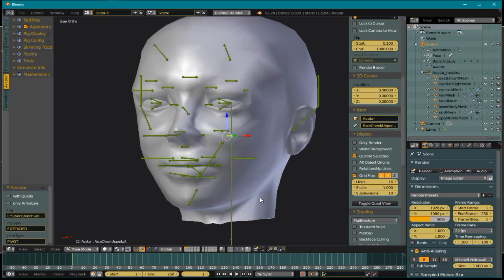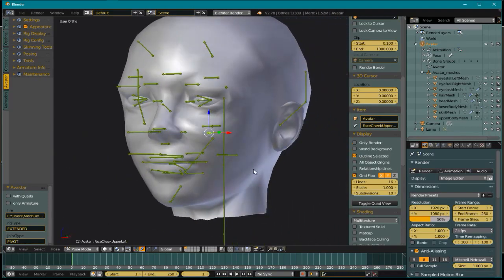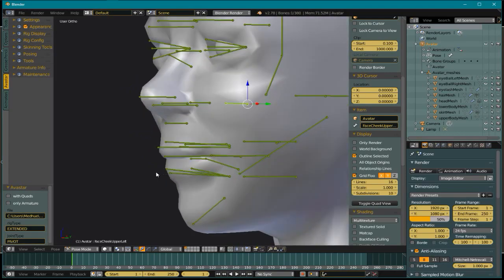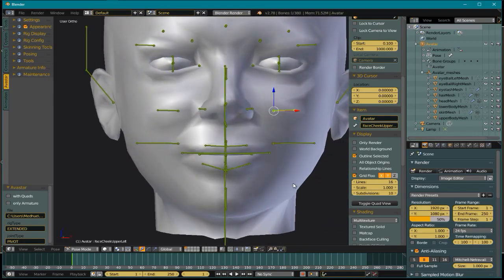So this is what I'm talking about. When you're making your head, think about all the different sliders and don't exaggerate things that you know you already have a slider for. It doesn't make a whole lot of sense to make humongous lips when we have sliders to increase the size and everything with the lips. Same thing with even the width of the lips. We have a slider for that.